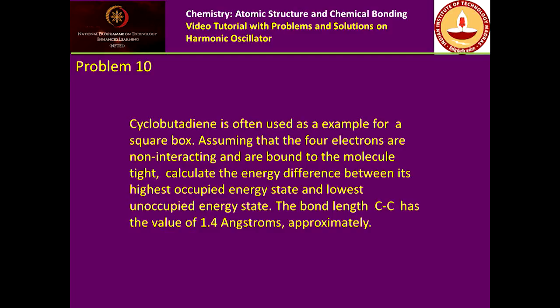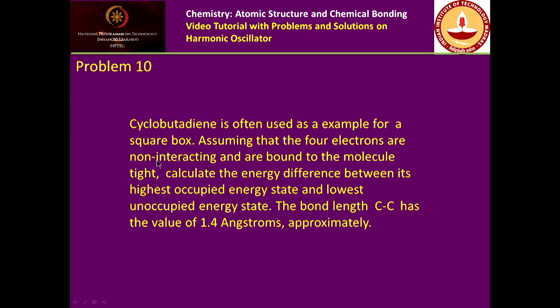I mean, these are approximate models and are used often as an example for a square box. And cyclobutadiene has 4 electrons which are relatively freer than the others, and assuming that they do not interact. I mean, these approximations you have to take with a little bit of care. These are to illustrate what is meant by a model.